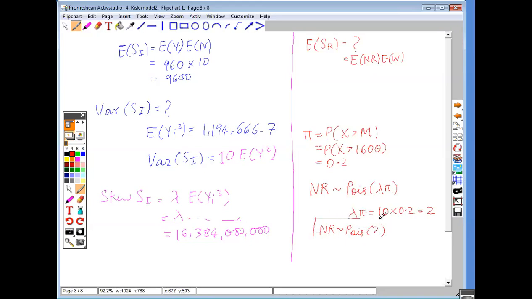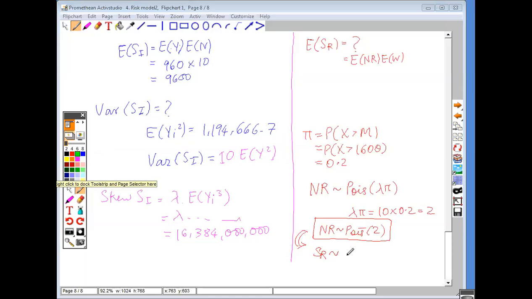If I know this, what can I conclude about SR? What distribution will my SR follow? Compound Poisson, right, with the parameter 2 again. Lambda remains the same.